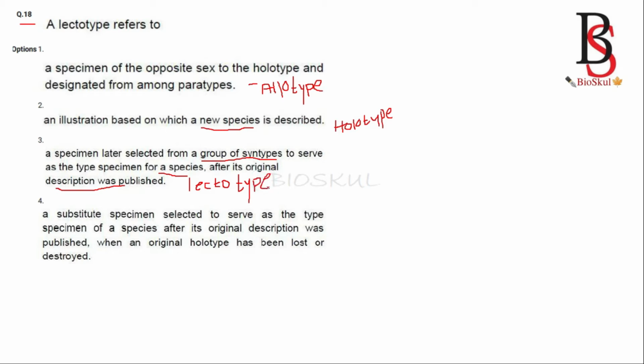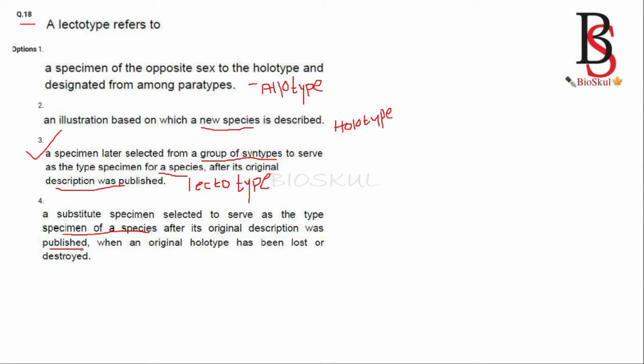So let's move to option 4. A substitute specimen selected to serve as the type specimen of a species after its original description was published.